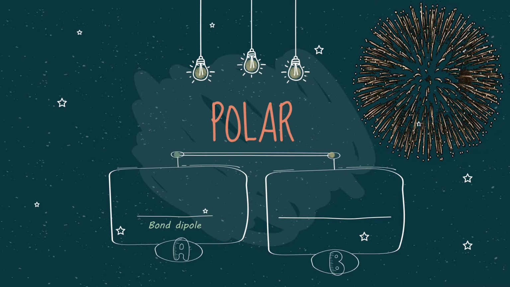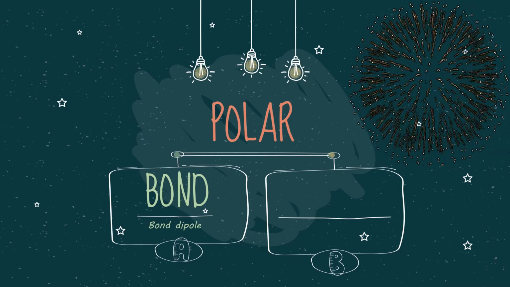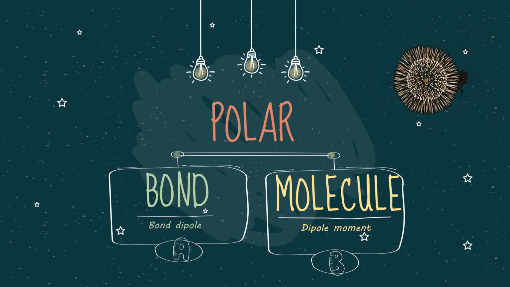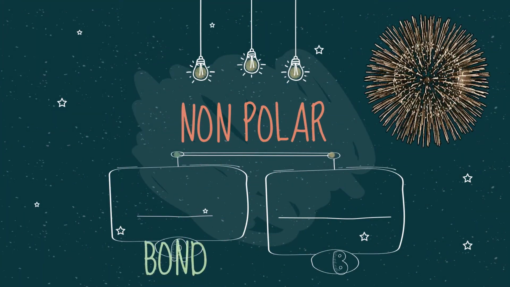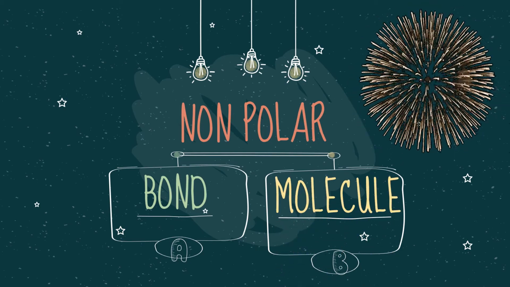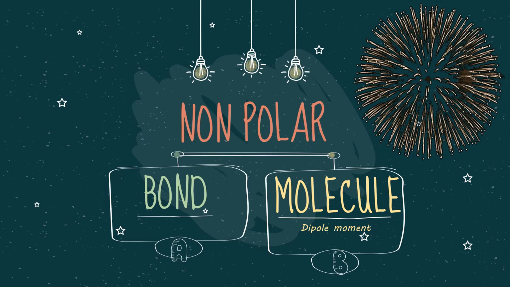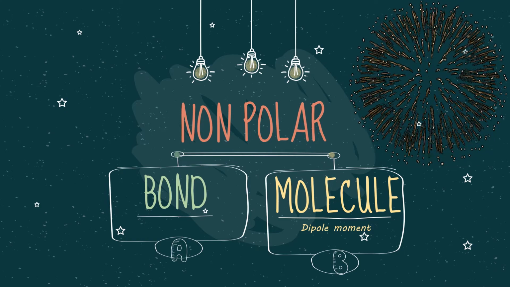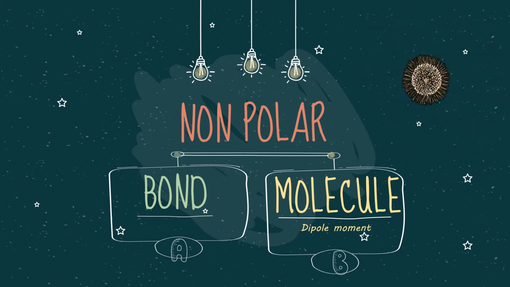So for polar, we will have polar bond that will result in bond dipole and polar molecule determined by the dipole moment. We also have non-polar bond and non-polar molecules that will be determined by the dipole moment. So about this polar and non-polar bond and molecule, I will show you further in the next slide.